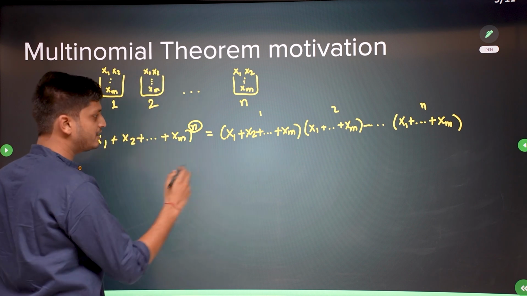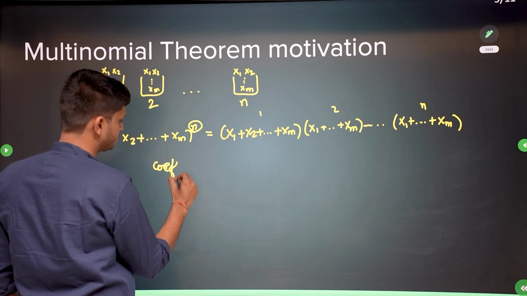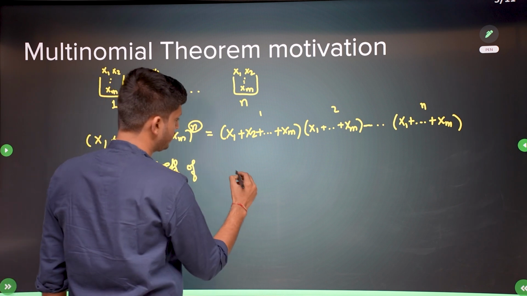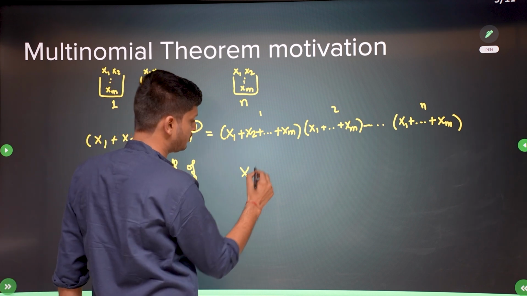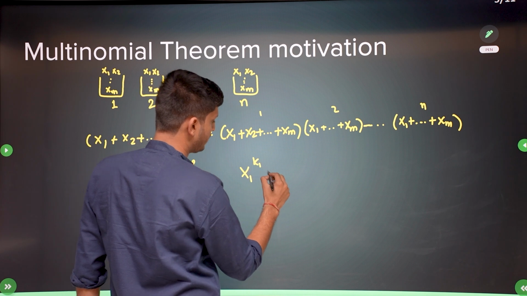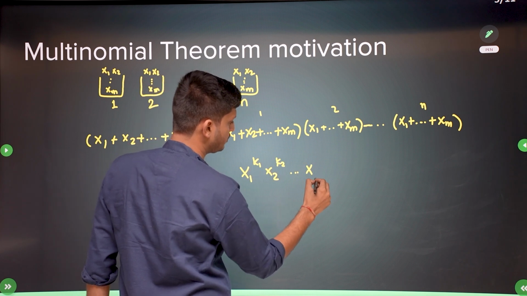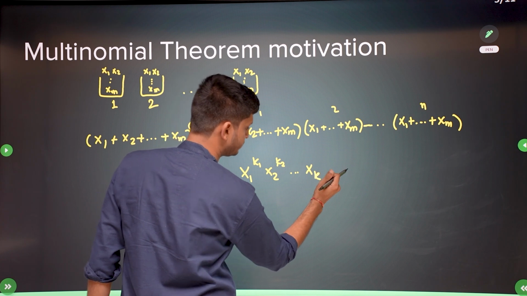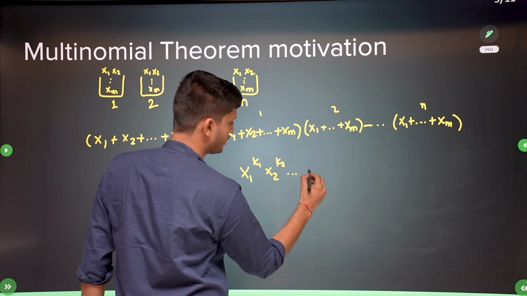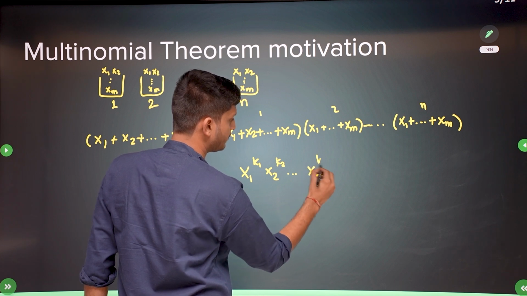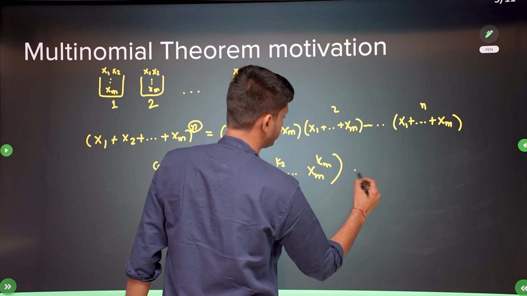So we want to expand this, and we want to find the coefficient of one generic term, any generic term. So let's say that term is x1 to the power k1, x2 to the power k2, up to xm to the power km. What will the coefficient of this term be?